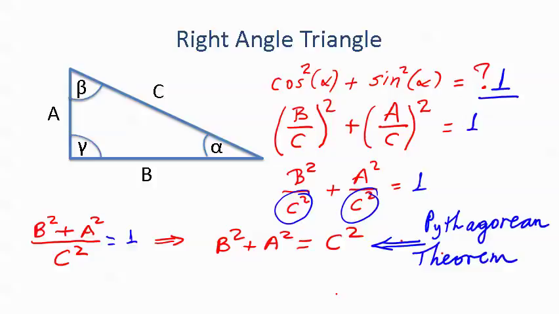And of course, you can work and perform this analysis using angle beta instead of angle alpha, and try to see if you can end up at the same result.